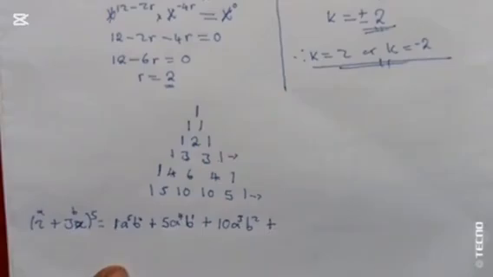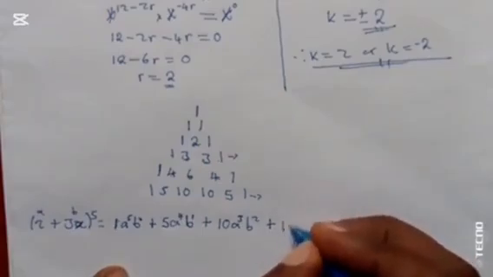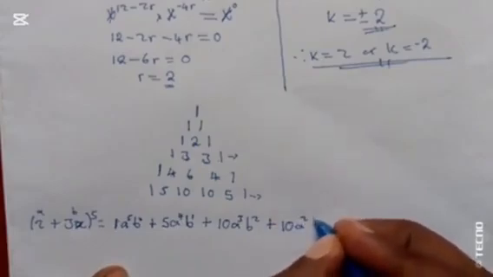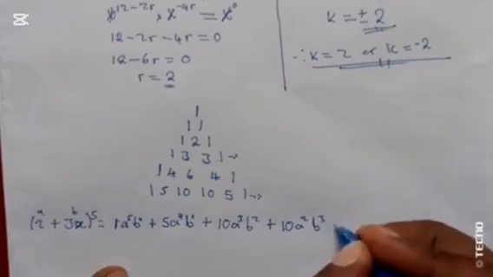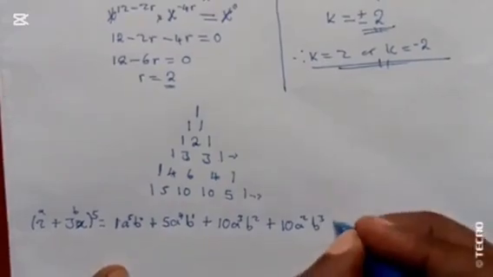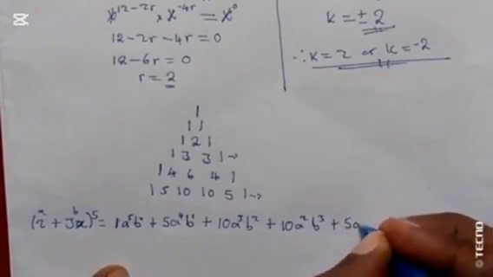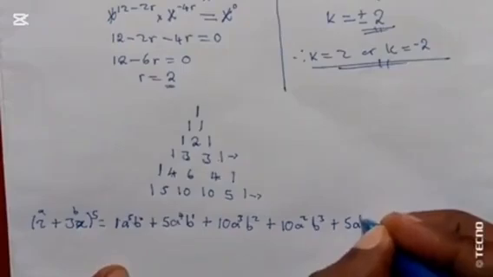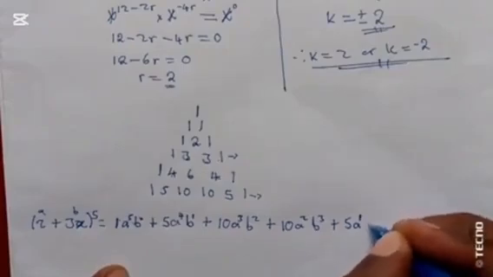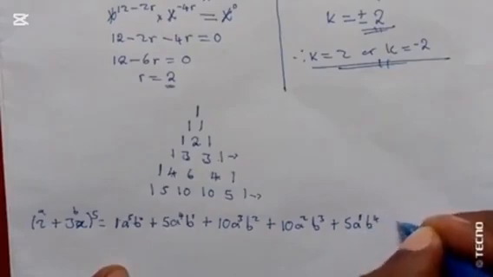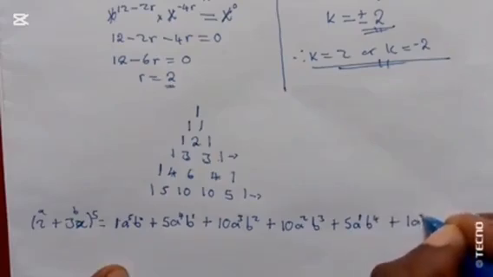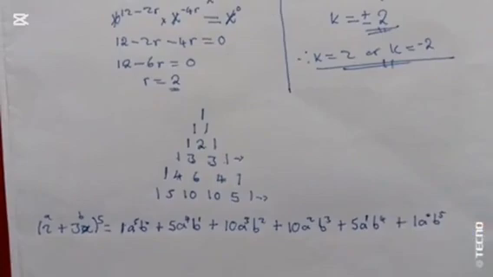Then plus 10A to power 2, then B 3. Okay, plus 5A to power 1, B power 4, plus 1A to power 0, B power 5. So this is the expansion of what?